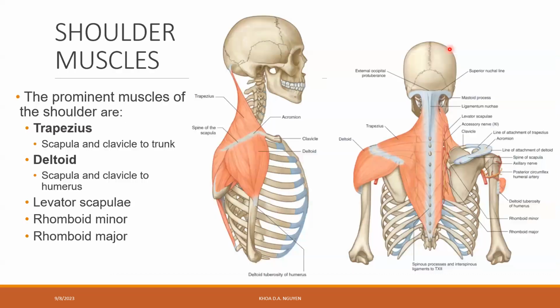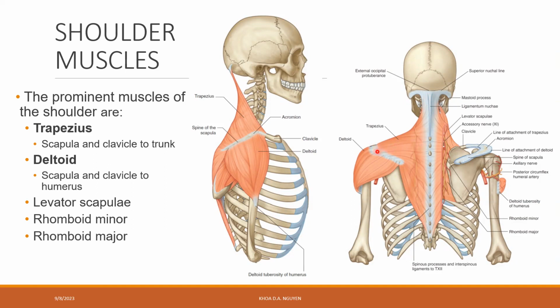So now, for example, the trapezius muscle. You have this vertebral column in the middle, and you have this trapezius muscle going from that vertebral column over to the spine of the scapula, right here. So now, what happens if this muscle gets shorter?